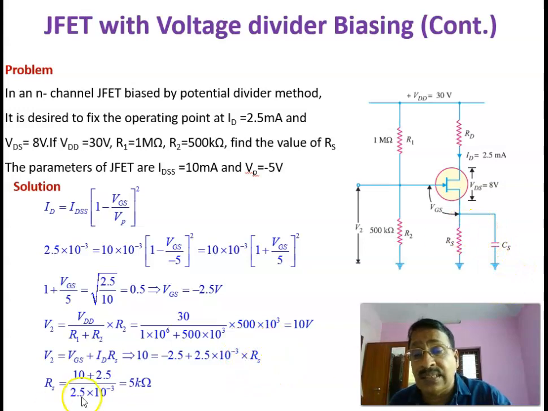Therefore, the source resistance you can calculate is equal to 5 kilo ohms. In order to operate this junction field effect transistor with VDS equal to 8 volt and ID equal to 2.5 milliamperes, RS should be selected to a value of 5 kilo ohm.